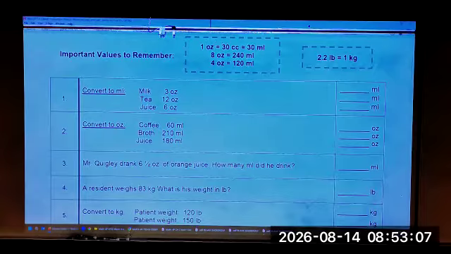Okay. And then on this Friday, there will be an online quiz on Pearson. And it's going to cover 0.1 and 0.2.